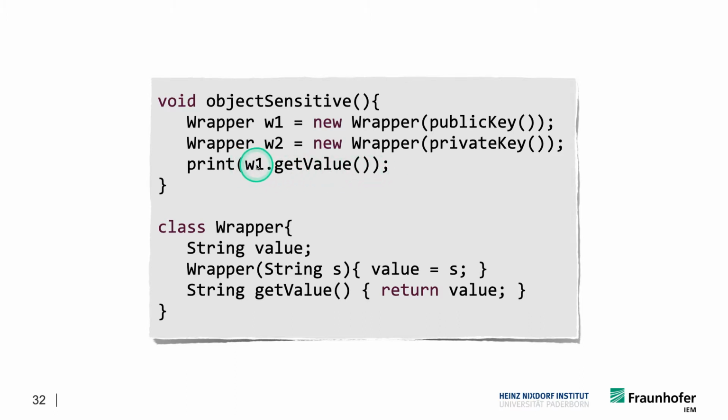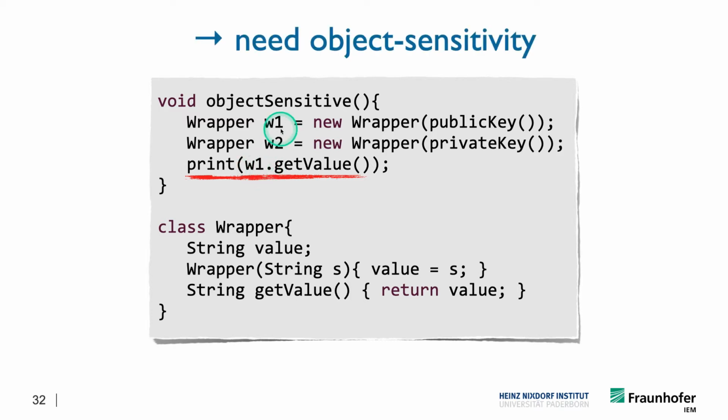So we're leaking out of W1, which is just defined as this container object down here. And if you don't have an object-sensitive analysis, though, you would get also, again, a false warning here, because then we couldn't distinguish anymore between different fields of different owner objects, right? But if you have an object-sensitive analysis, then this can be distinguished.